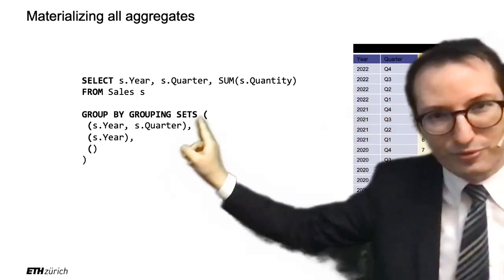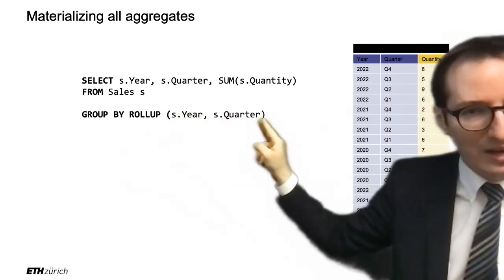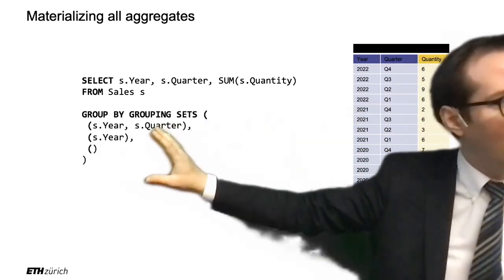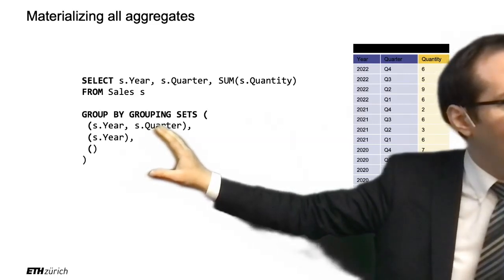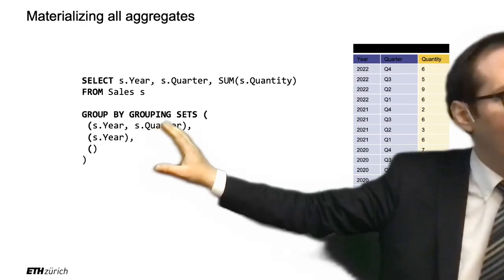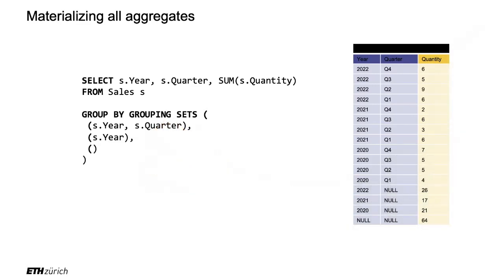So in the case of 2, yes, that's 3. What if there had been 4? What if I had 4 levels here, 4 attributes? Yes? N-1 in the faculty.